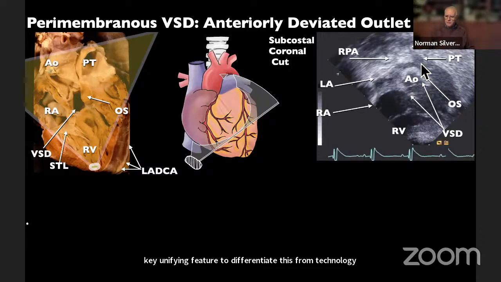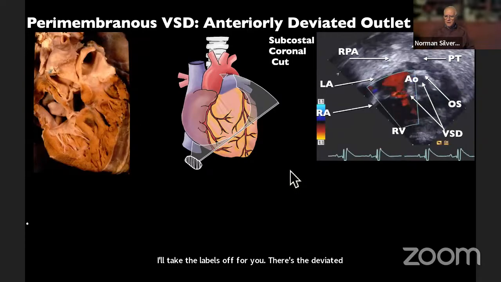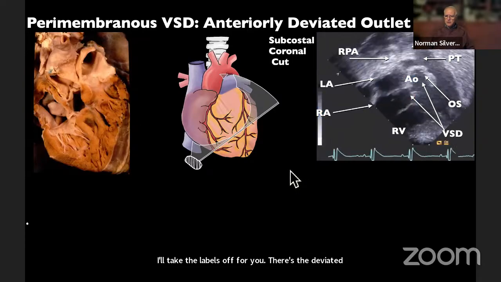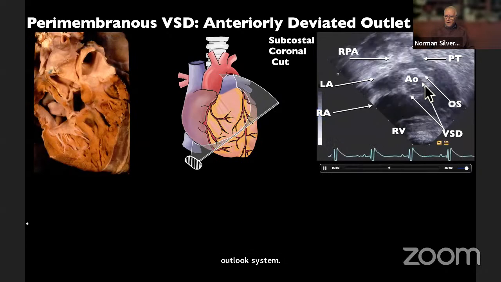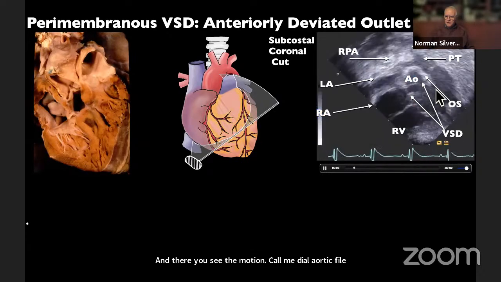So here you can see the pulmonary trunk. Here's the ventricular septal defect. And here's this deviated outlet septum. I'll take the labels off for you. There's the deviated outlet septum. And there you see the motion, pulmonary valve, aortic valve, with this little bit of outlet septum between the two.